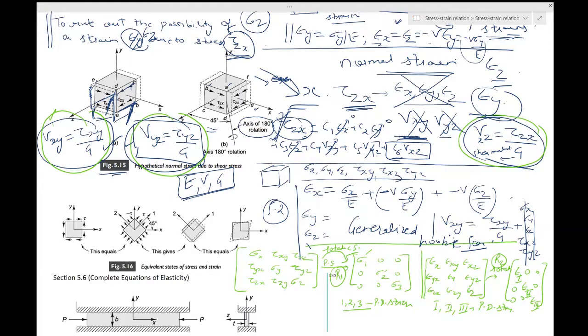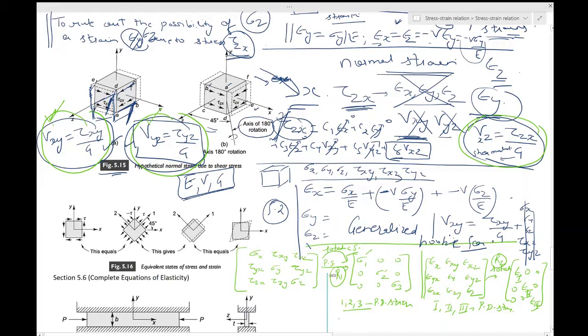Now it is said that because of these green relationships which you see between the shear stresses and the shear strains, the isotropy, the principal axes of strain at a point of a stressed body coincide with the principal axes of stress at that point.